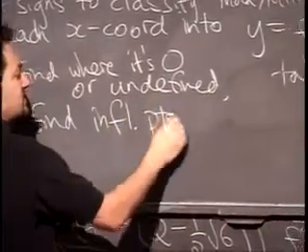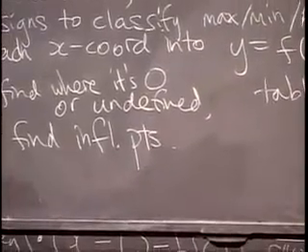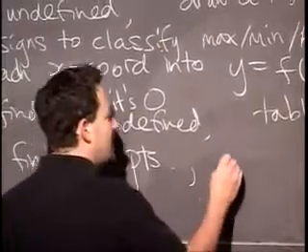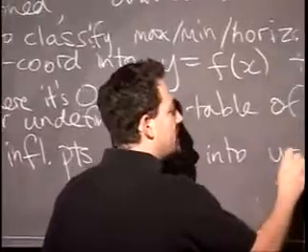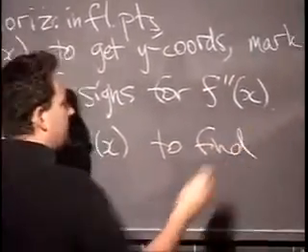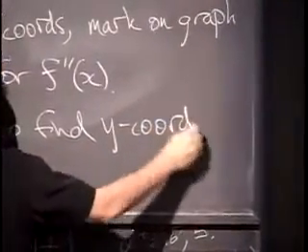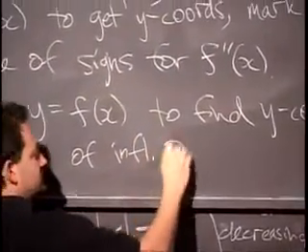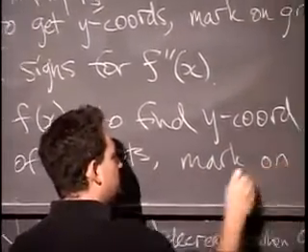Again, most of the time, if the second derivative is 0, you do have an inflection point, but as we saw before, you may not. So you have to use the table, and then again, plug each one into y equals f of x to find the height, or the y-coordinate, of the inflection points. And finally, mark on the graph.